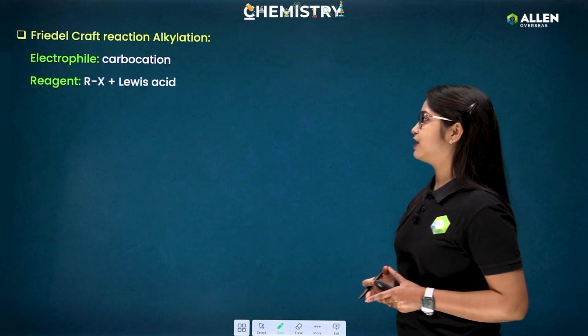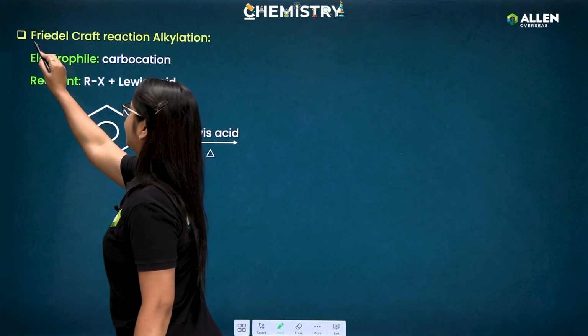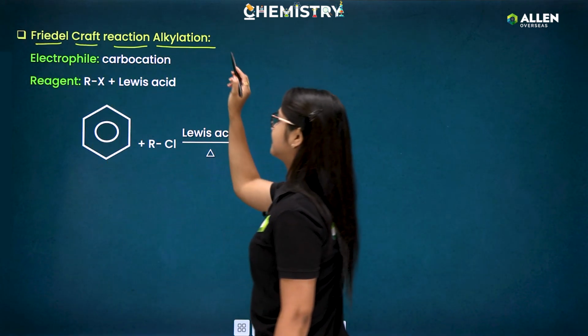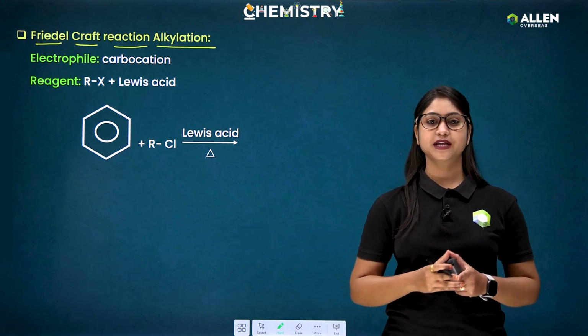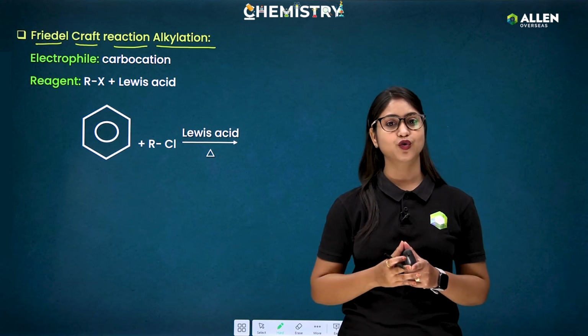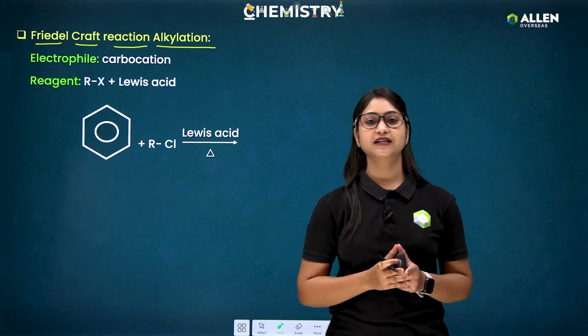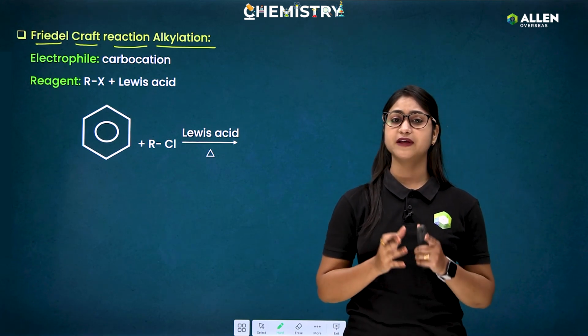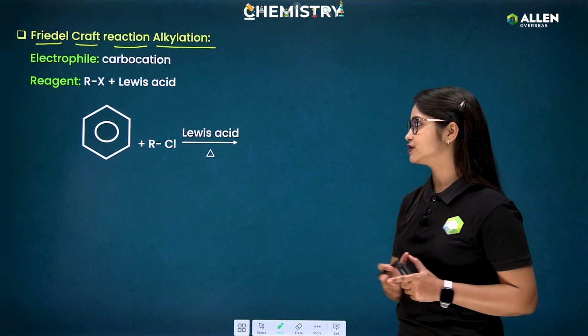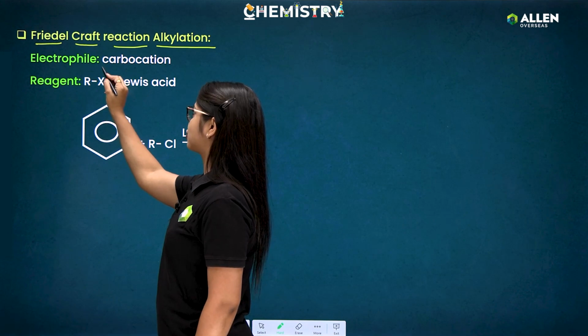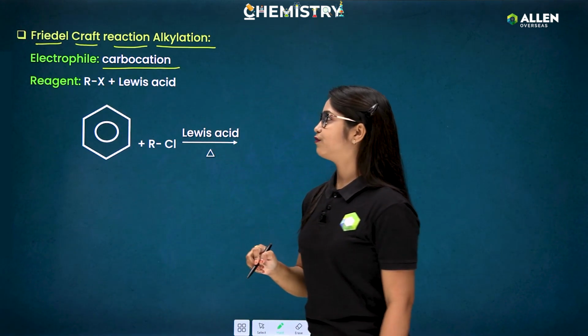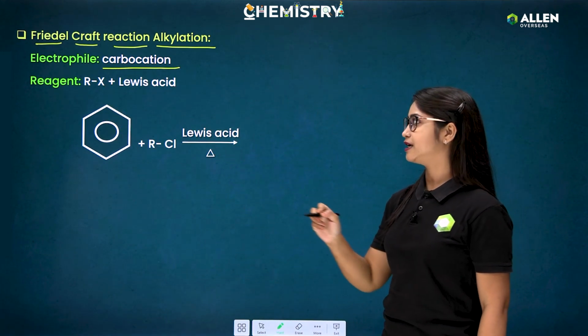Fine. Now let's see the next reaction, that is Friedel-Crafts alkylation. This is also a very important name reaction for aromatic hydrocarbons. Friedel-Crafts alkylation and Friedel-Crafts acylation are the 2 reactions. When we talk about the alkylation reaction, the electrophile is a carbocation.